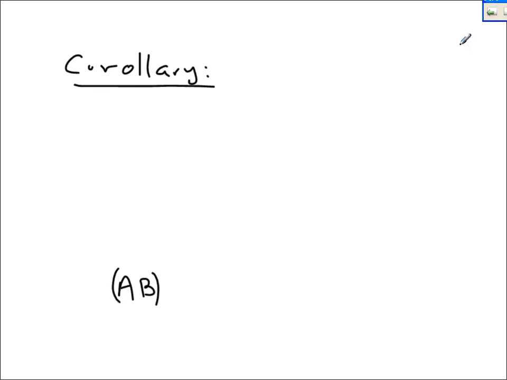Now, there's a corollary to the proof that we did earlier. I won't prove it. It's an induction proof. Remember, I said that the inverse of AB is B inverse A inverse.